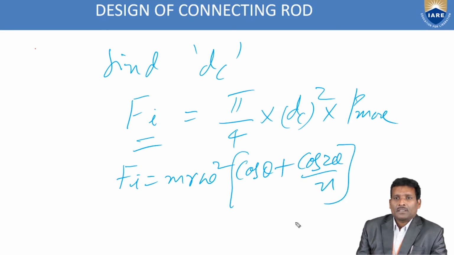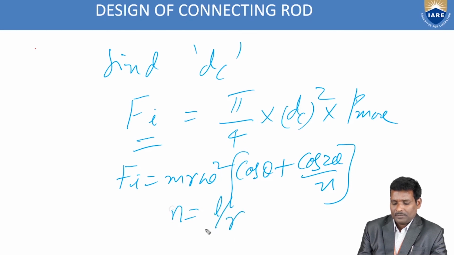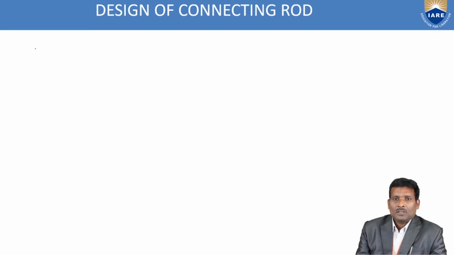Here theta is the crank angle from the top dead center, and n you may calculate by using L by R. So calculate the inertia force and equate it to pi/4 into Dc squared into sigma maximum, that is the load on the bolt. Find Dc. After finding Dc, you may fix the bolt dimensions.